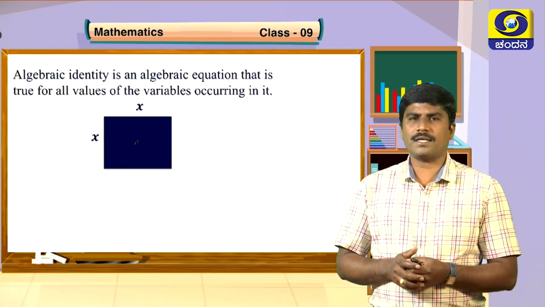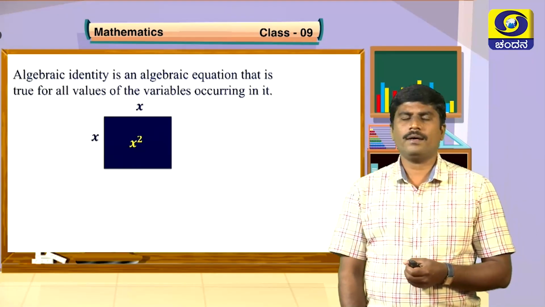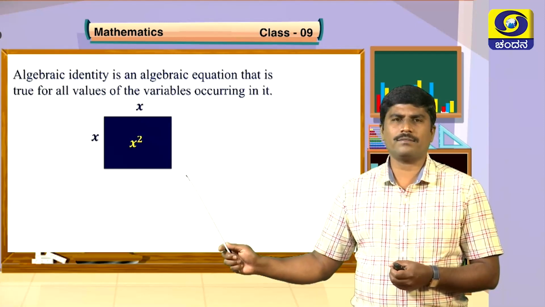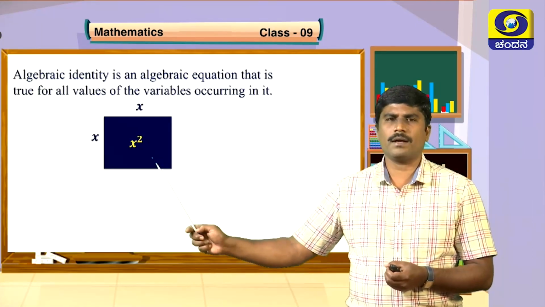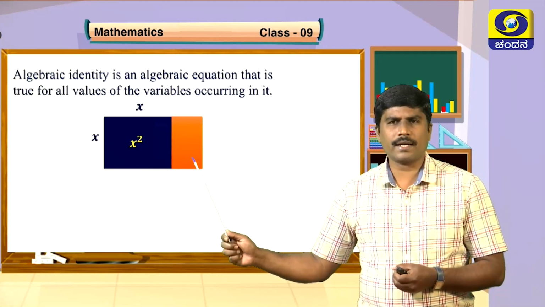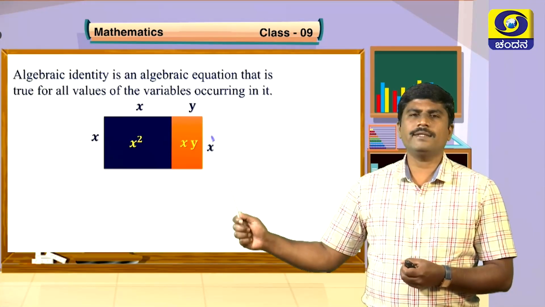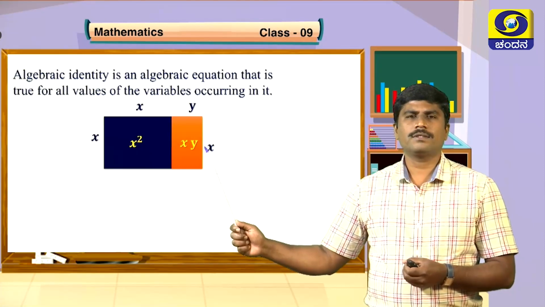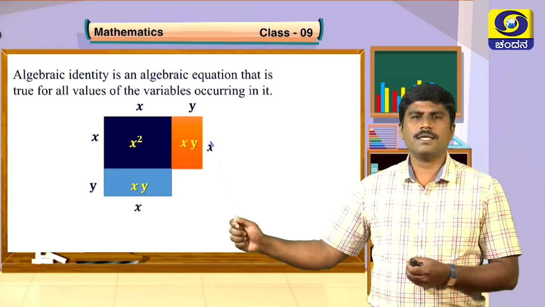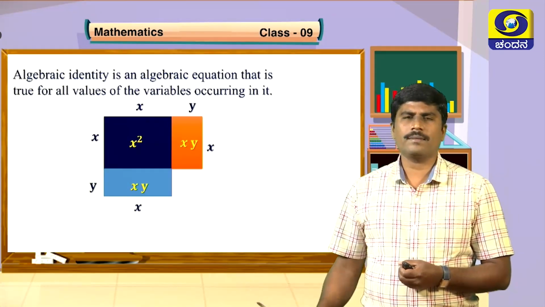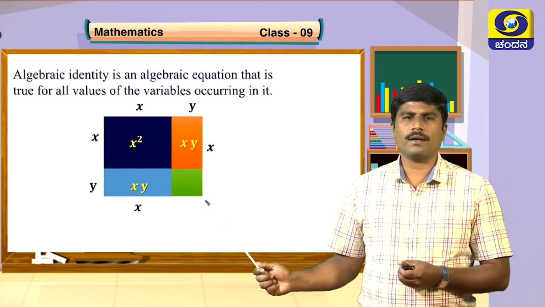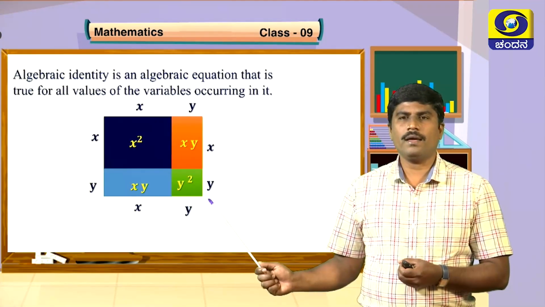In your previous standard, we have a square here. The area of the square can be calculated as length into breadth, x into x, we get x square. We have one more rectangle, where length and breadth are different, x and y. Again one more is there, same as xy. So they are the areas. One more smaller one is y into y.